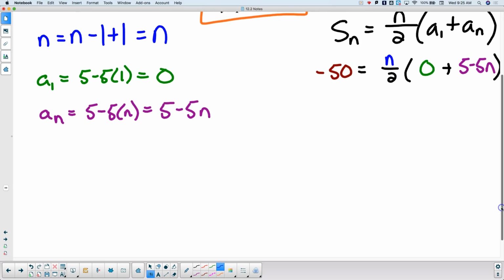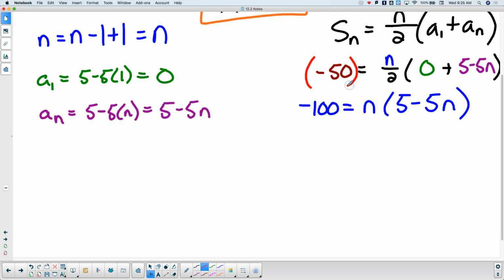So that gives me negative 100 equals n times 5 minus 5n. I multiply this side by 2 and this side by 2, so that cancels out that. That's the only thing that cancels out. I can only cancel it once. Now what do you want to do? Now we can distribute.